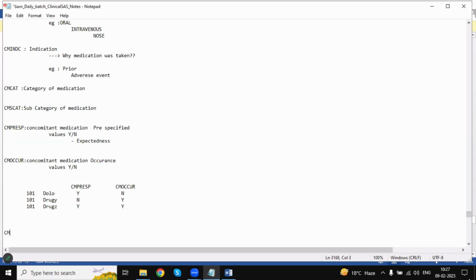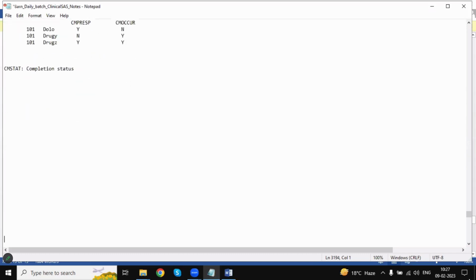Another variable is CMSTAT, the completion status. So what is the completion status? Not done.